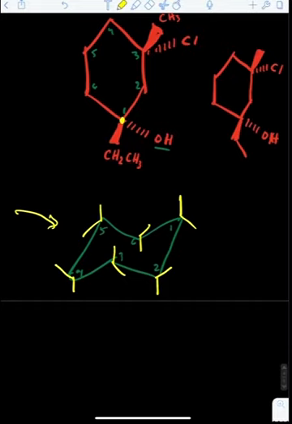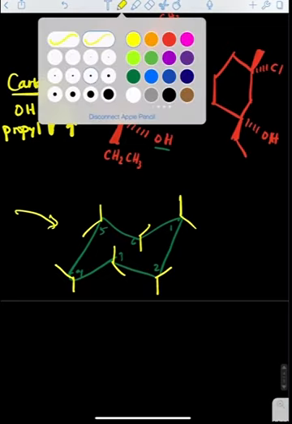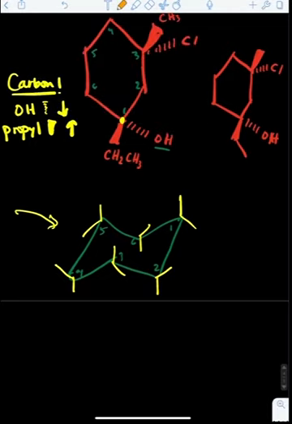All right, so now let's look at carbon number 1. So that's this carbon right here. So carbon 1, we have an alcohol going on a dash, so that is in the down position. And then we have a propyl group, that's the CH2, CH3 group, and that is on a wedge, so that's in the up position. So we can draw those in. So in the up position, we have propyl.